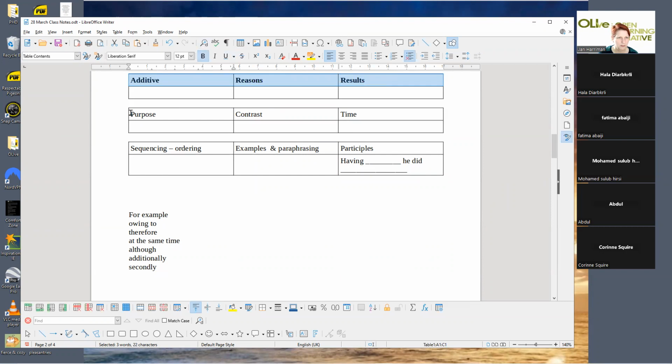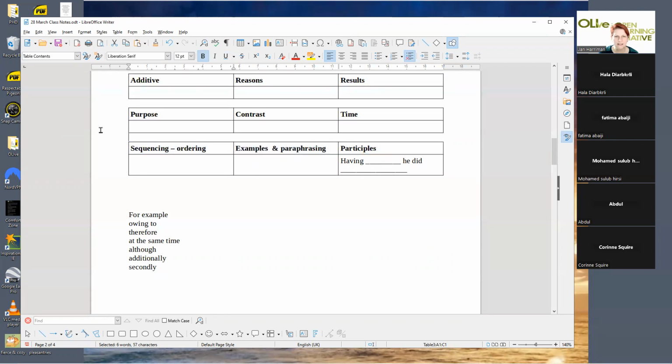We want to add information, express reasons, describe results. These are all the things that will link our sentences together in our paragraphs and in our essays.